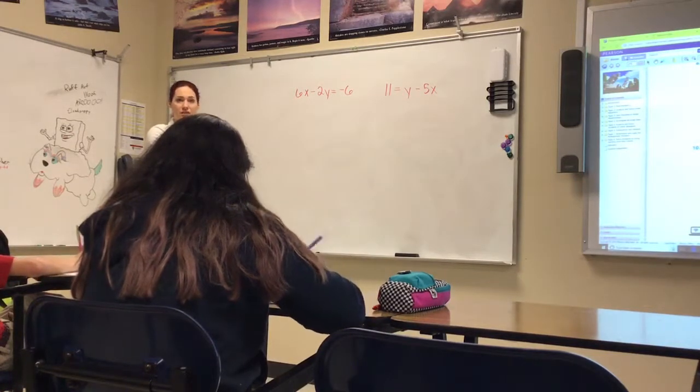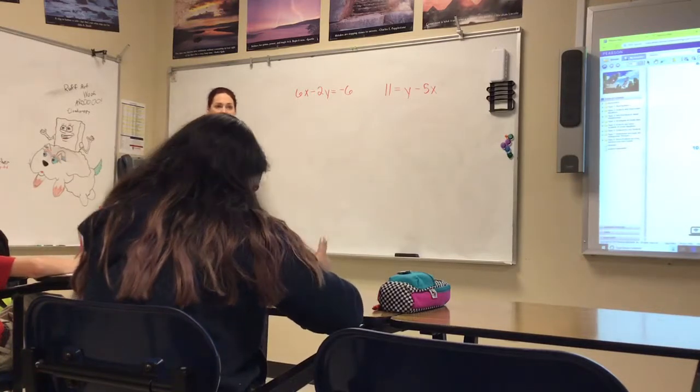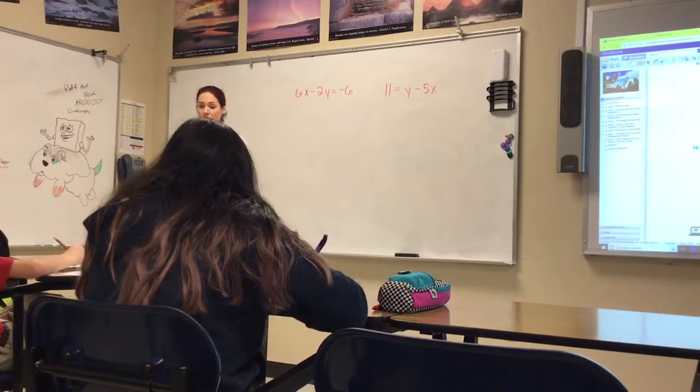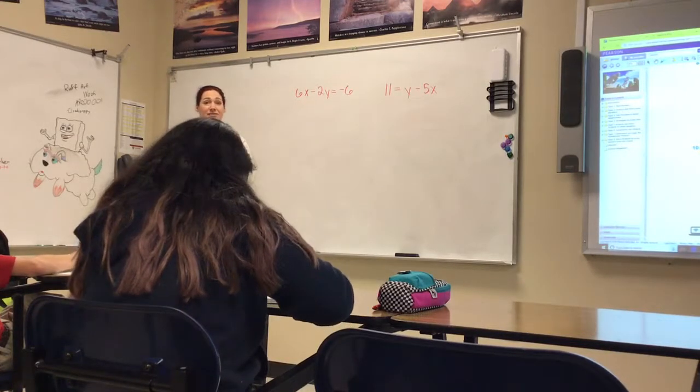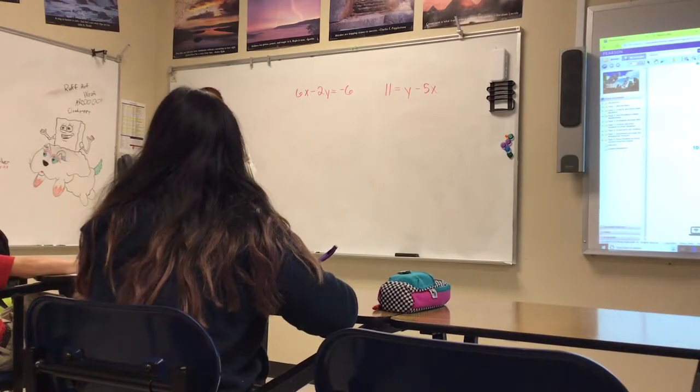Which equation should I solve? Which variable is the easiest for me to isolate? Okay, you all need to have an opinion on this. Which one is the easiest to solve? If you've got questions on it, I feel like I'm just doing the problem for you, which isn't going to do you any good.